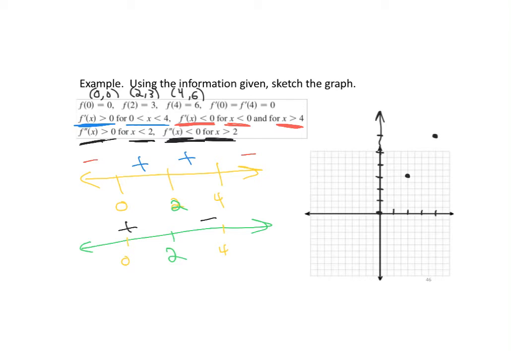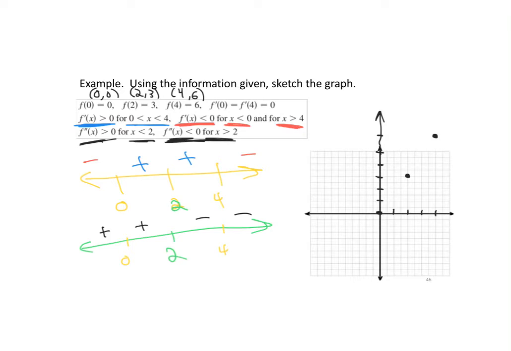And in fact, I should put multiple plus and minus signs in the appropriate place. Again, to the left of 2, we're concave up, and to the right, we're concave down. We have 4 different possibilities here.